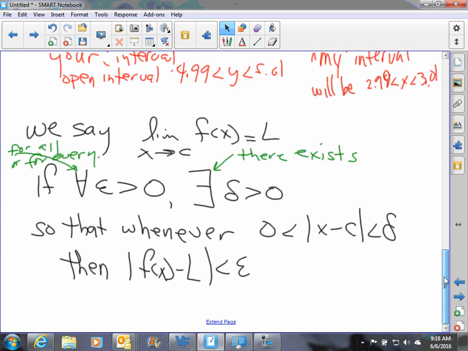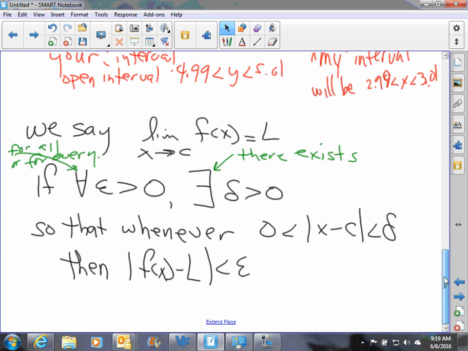If you said, well, let's let the radius around the limit be 100, then it'd probably be pretty easy to map the values in. But if we said we're going to let the radius around the limit be really small, really tiny, then that would be where this argument would break down if I couldn't find a delta. Now I really recommend that you spend some time meditating on that.